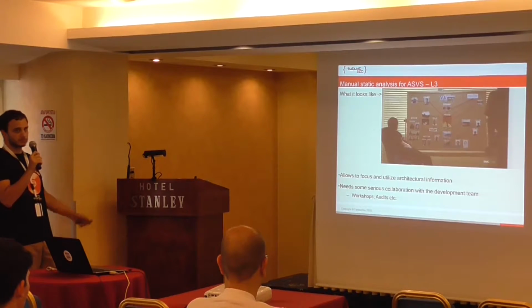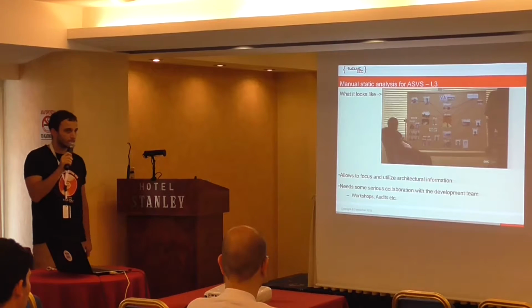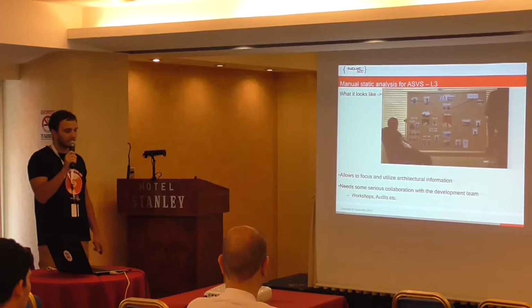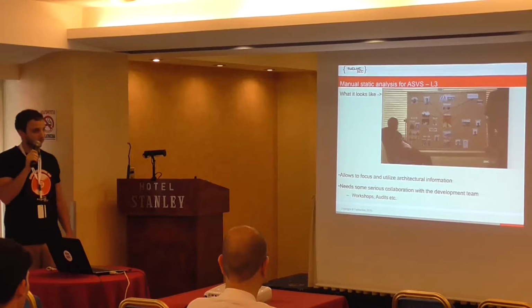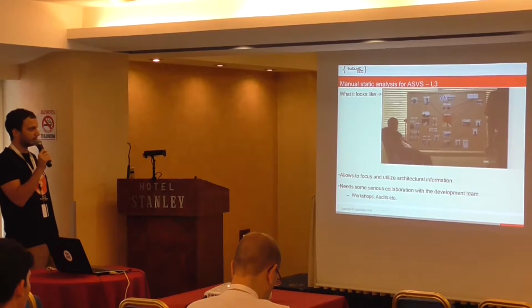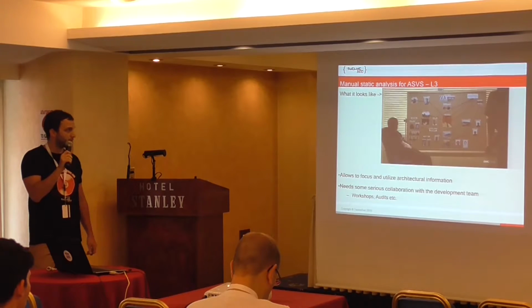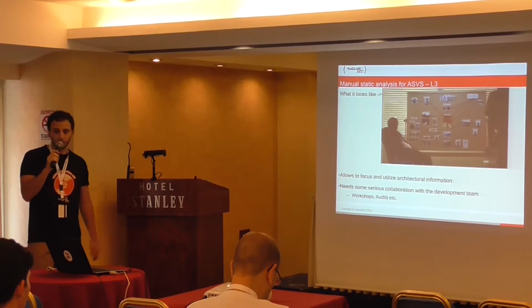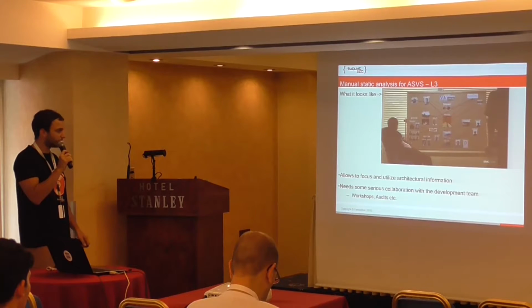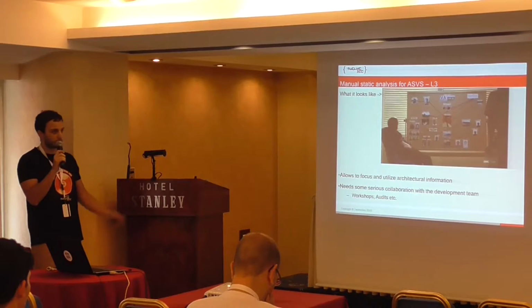Yeah, what it looks like to go through a static manual review of the code at level 3. It is more or less like a mosaic investigation wall, trying to connect facts, things, parameters, whatever you say. If you do that manually, in contrast to the tool, you will be able to utilize architectural information and specific details that, of course, you know and the tool does not.